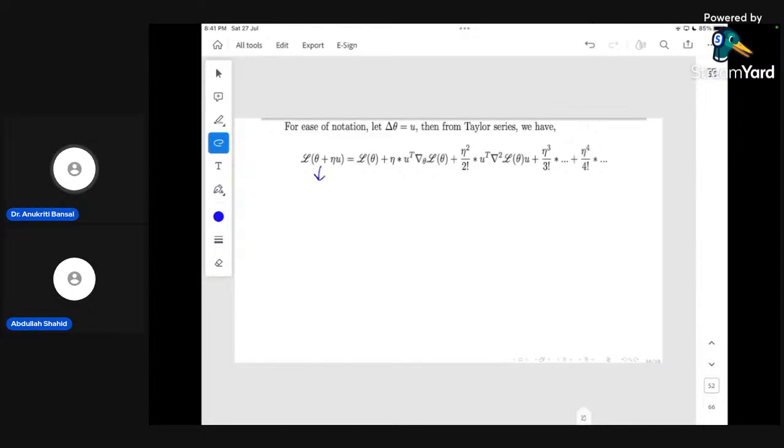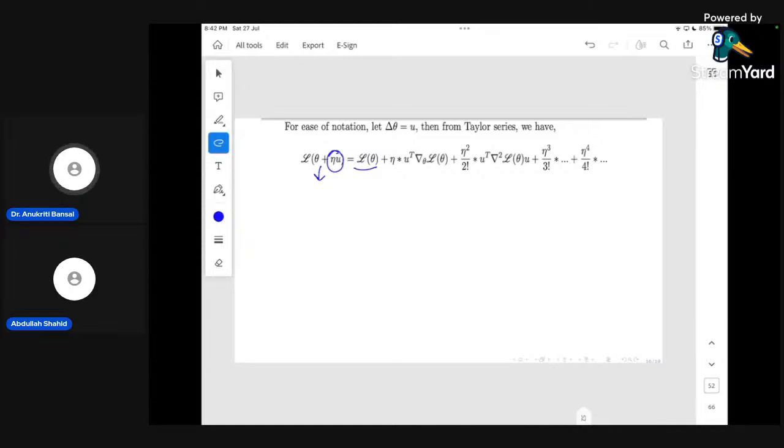If right now I am at a certain value of theta, and I want to change that value a bit, then what is going to be the new value? This is the change in the current theta value, so the new value will be obtained using the Taylor series. Let's understand what each value means.